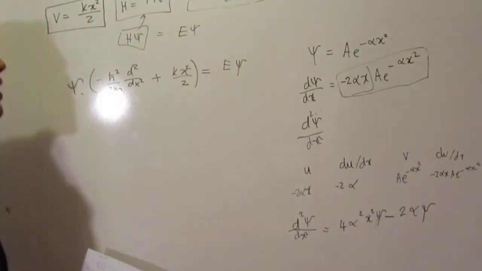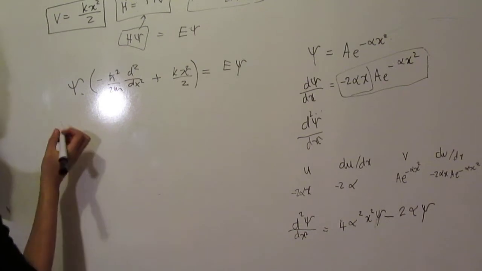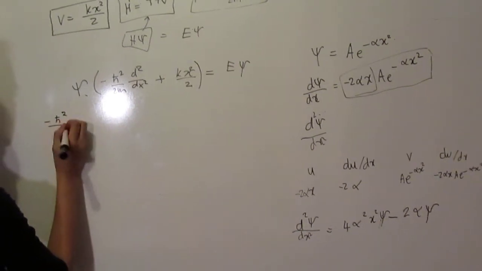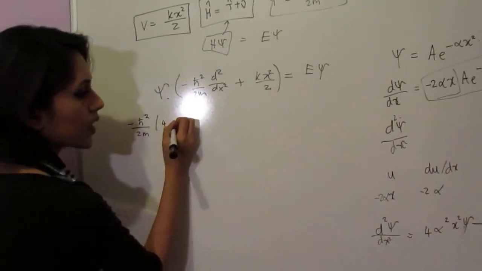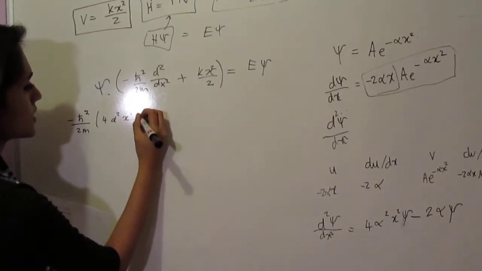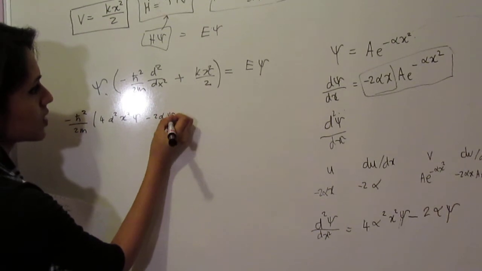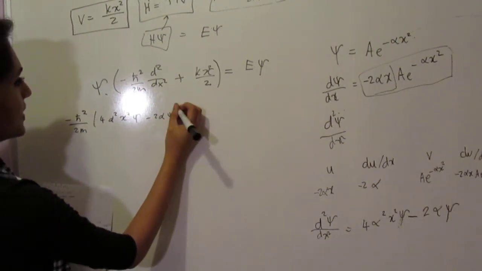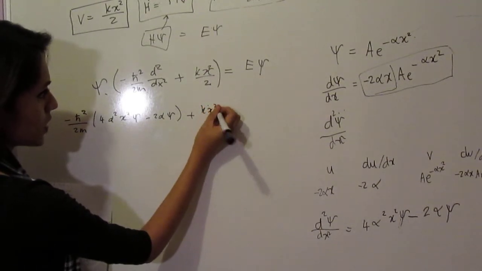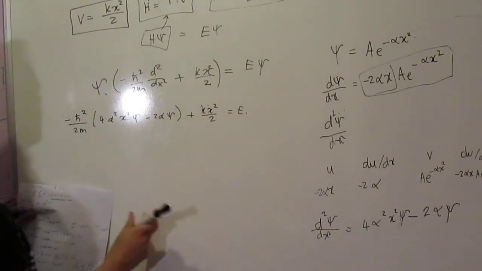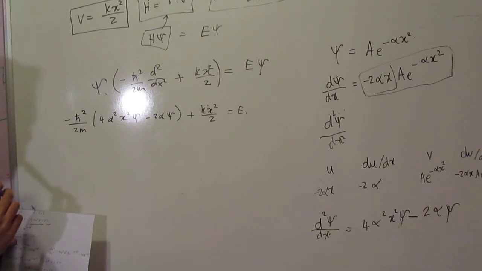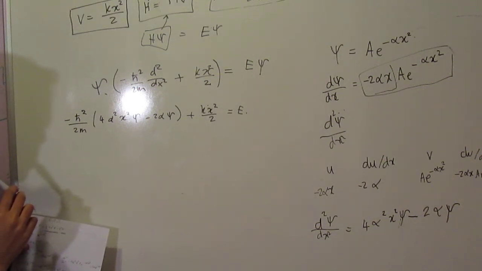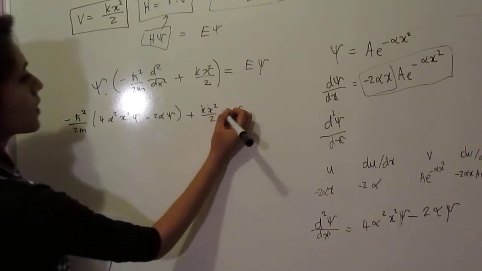Now I need to plug this value back into here. So I'm left with minus h bar squared over 2m, and then I plug in that massive equation at the bottom, which is 4 alpha squared x squared psi minus 2 alpha psi, plus k x squared over 2 psi equals E psi.